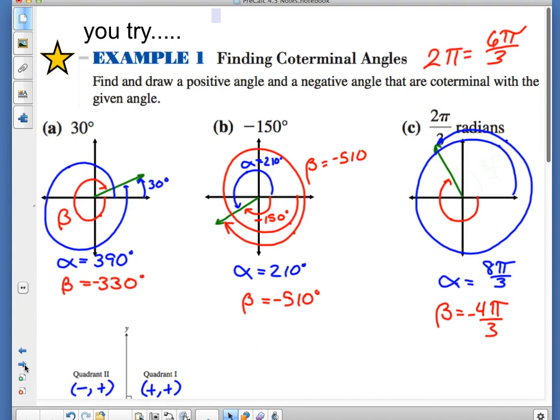Doing okay? Yes, sir. Who do you need? Chandler was trying to get everybody to clap, so let's clap for Chandler.